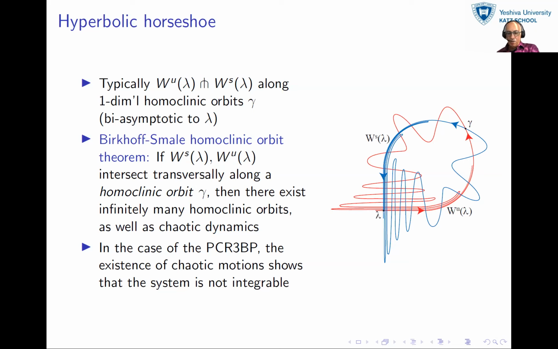There is an argument, which is a bit sophisticated, that if you have chaotic motions, the system cannot be integrable. I mentioned before the three-body problem is not integrable. So the very fact that you have such manifolds that intersect transversally leads to an argument that the problem is not integrable.